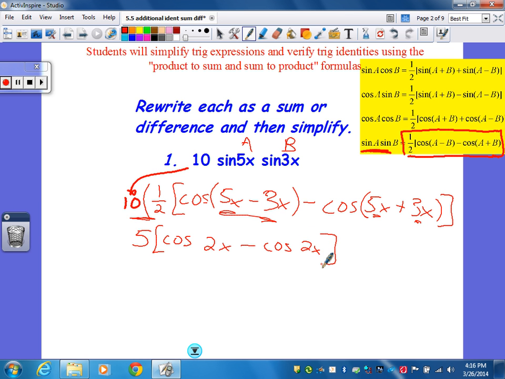What's interesting now is we see that we have a like term right here and here. Anytime you have two like terms, when you subtract a term from another term, you have 0. So now we have 5 times 0, which is equal to 0. All right, so let's keep moving.